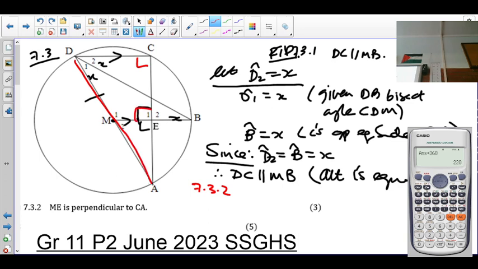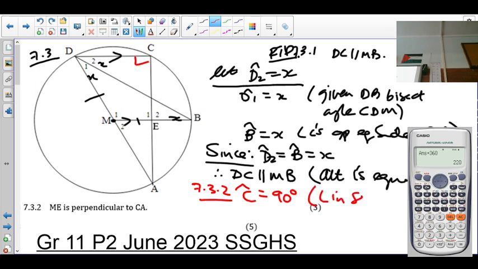Why? Because it is going here. You guys understand? Let's lay that out nicely. So what do we say? We firstly say that angle C is equal to 90 degrees, because it's angle in semicircle.